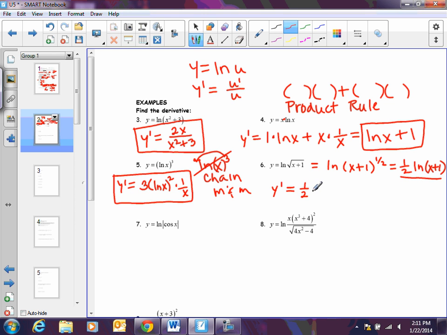You don't have to do anything with it. Just write it and multiply it to whatever's next. So again, taking the derivative of natural log of x plus 1, the derivative of x plus 1 goes on top, and then x plus 1 goes on the bottom. And that's it. Of course, you could clean it up a little bit, but nothing's really going to cancel, so I'm going to box it at the top.